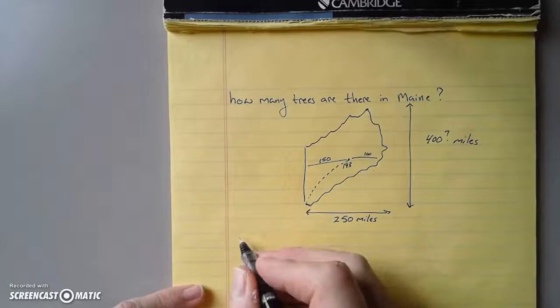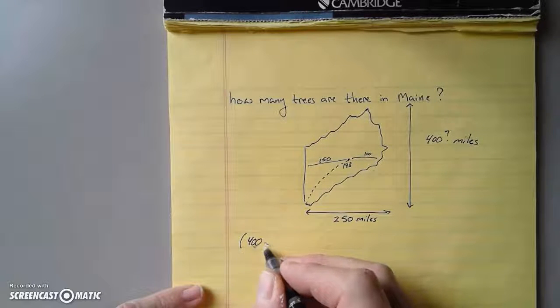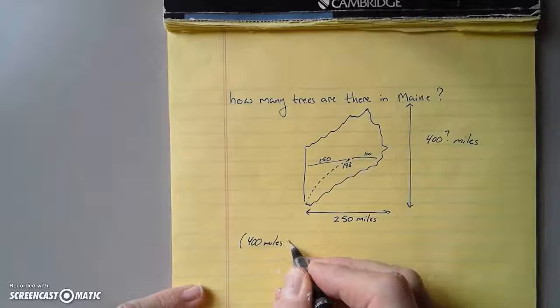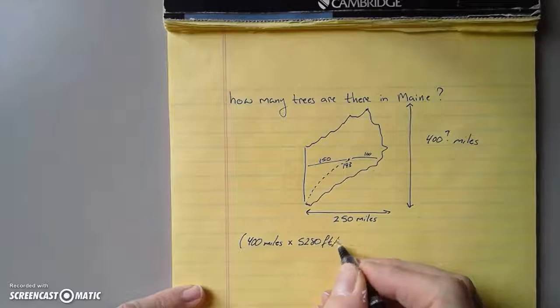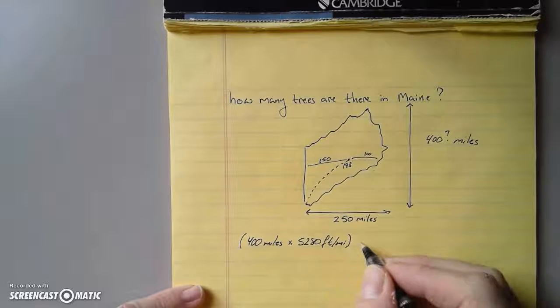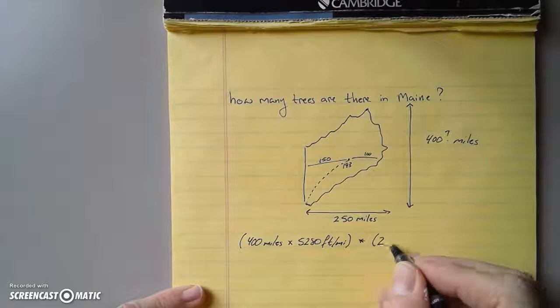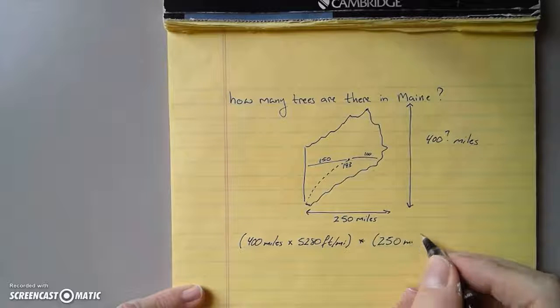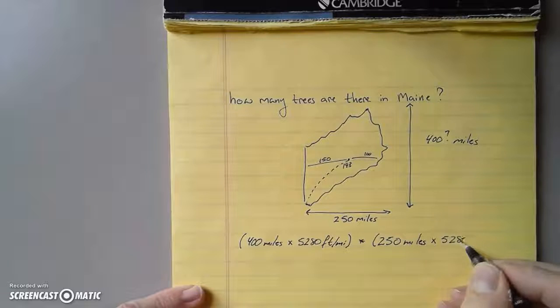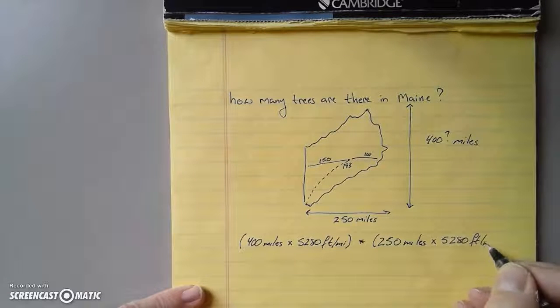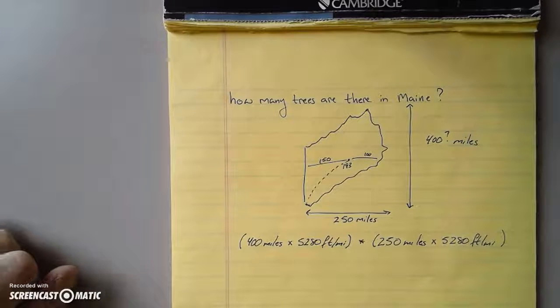Well, I think what I'll do is actually convert these to feet. So 400 miles times 5,280 feet per mile times 250 miles times 5,280 feet per mile. This is going to give me the number of square feet in Maine.